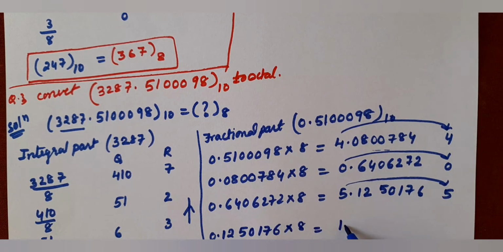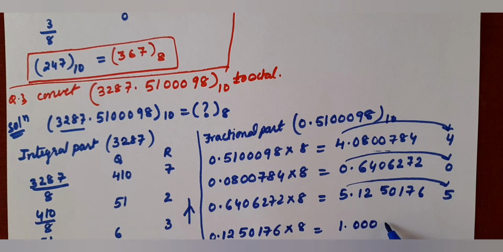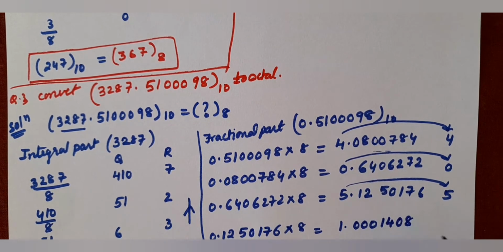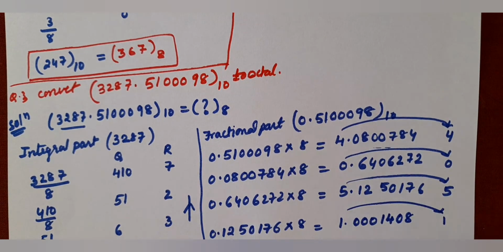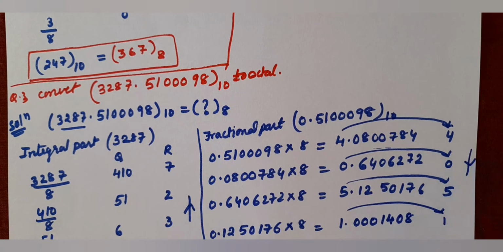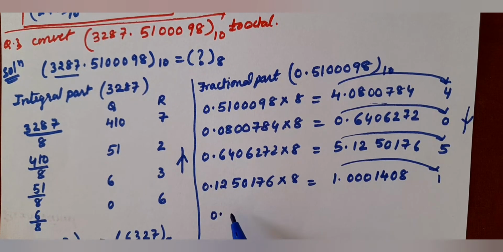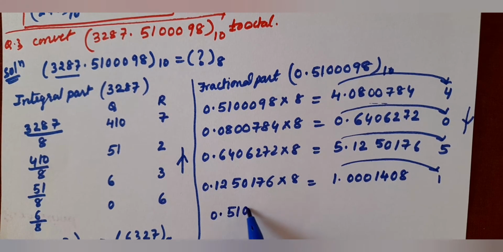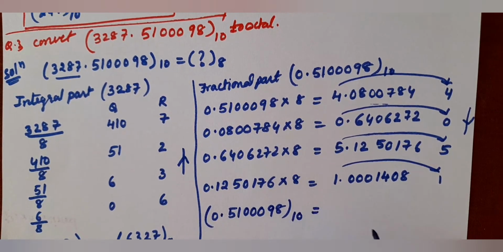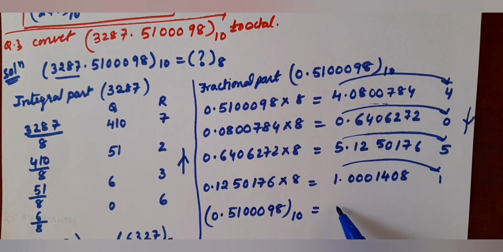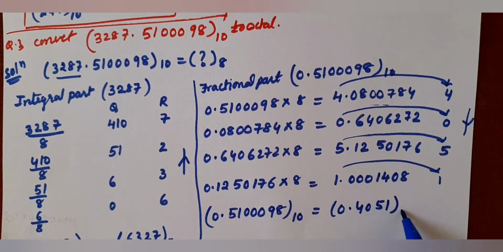You will be getting 1.4. You will be getting it as 1. For the fractional part, you have to read from top to bottom. So 0.510098 in decimal is written as 0.4051 in octal.